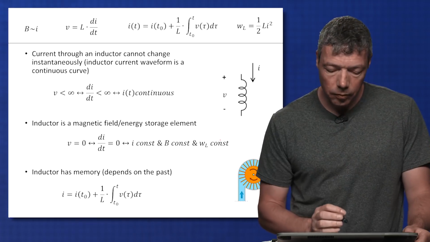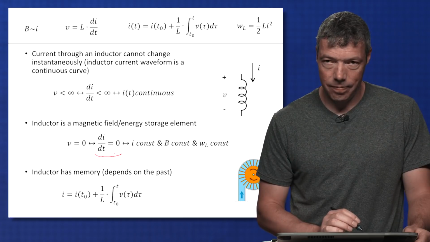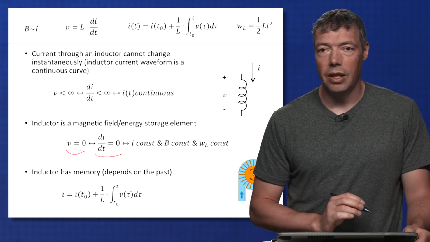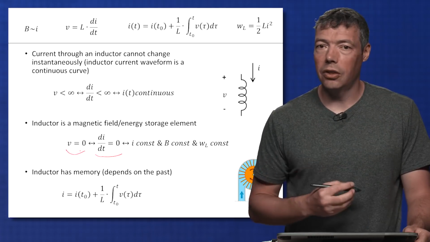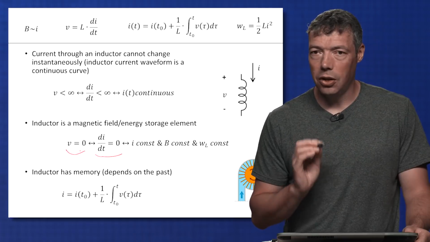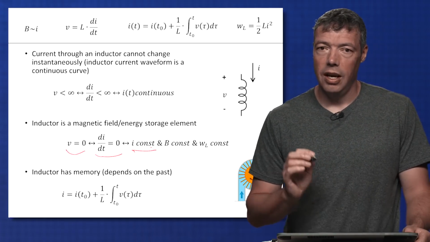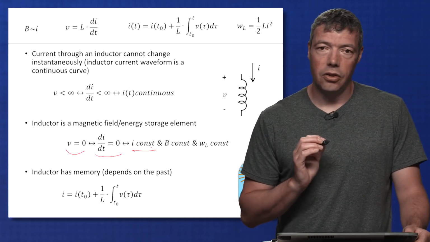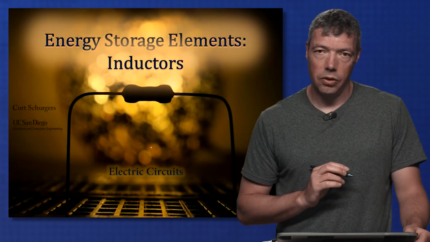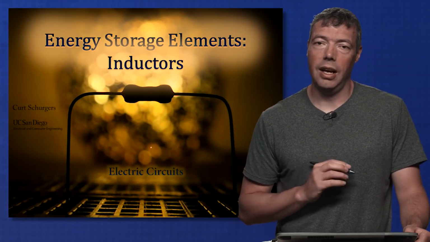So when an inductor doesn't have a voltage over it, it will keep the current constant. So if there's no voltage over an inductor, the current will be constant. Follows directly from the equation. And then finally, an inductor, just like a capacitor, has memory. It depends on the past. So this is basically what inductors are and how they behave.